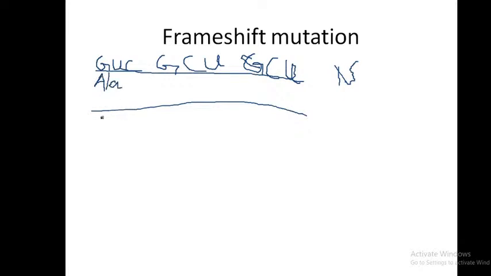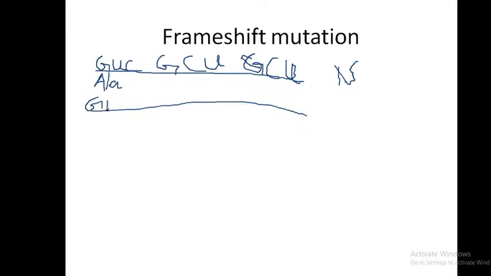Just imagine, frame shift mutation means a base will be inserted at one region, so a total shift will take place. A base, that is A, will get inserted here.